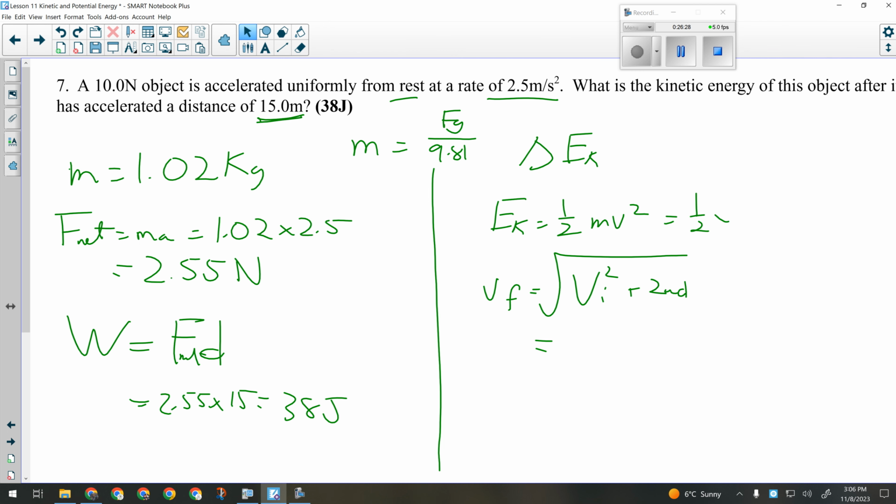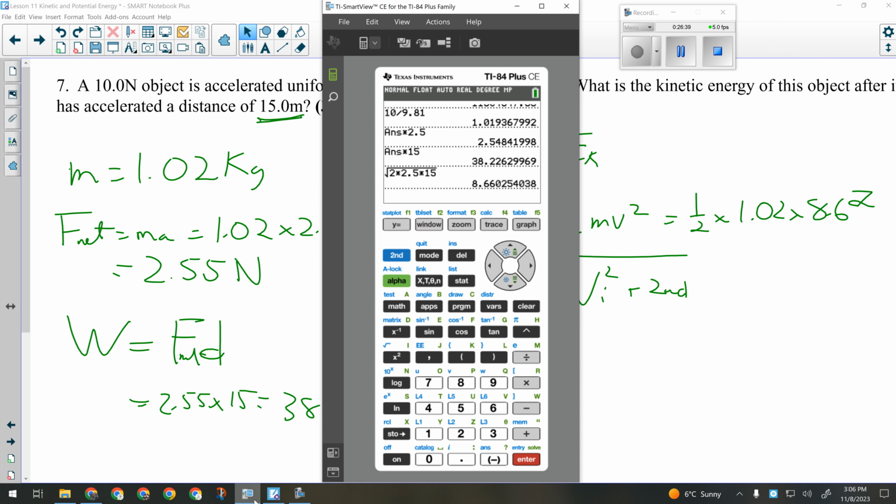So 1/2 times 1.02 kilograms times 8.66 squared. So there's my mass times my speed squared. Whoops, I put divide. Hang on, I'll go back and fix that. Look at that. It's pretty much the same number, 38 joules.